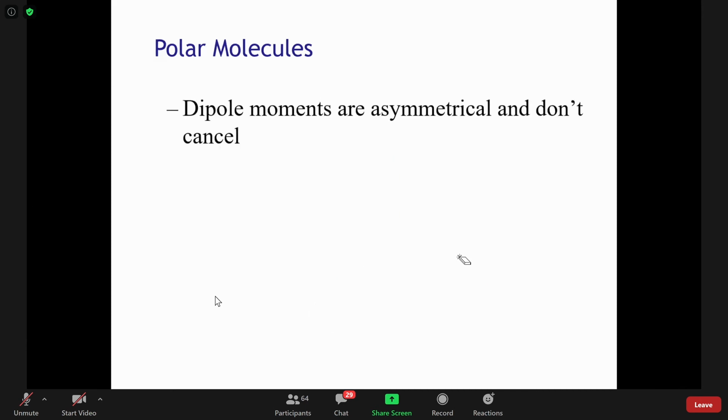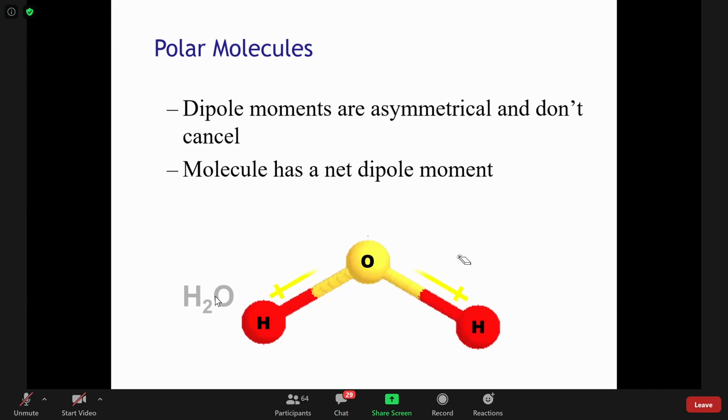Now, sometimes these dipole moments don't cancel one another out. That's also quite common. And in this case, we say the molecule has a net dipole moment. We know water is bent. We just saw that.